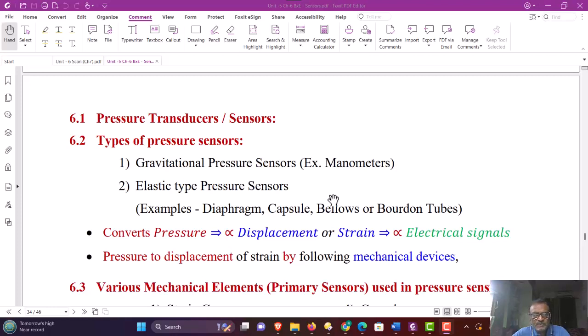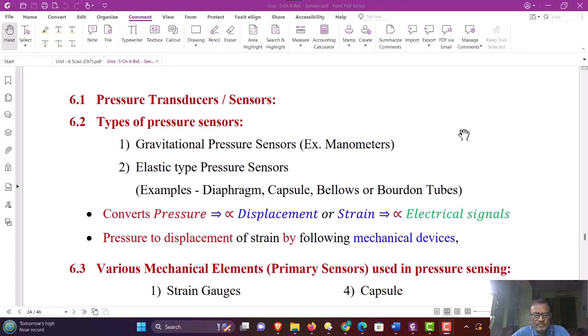Various types of manometers are there. Water manometers, mercury manometers are very common. The fluid selected will depend on the particular area of the application. But mercury manometers are very common and they measure the pressure directly in terms of mm of Hg.